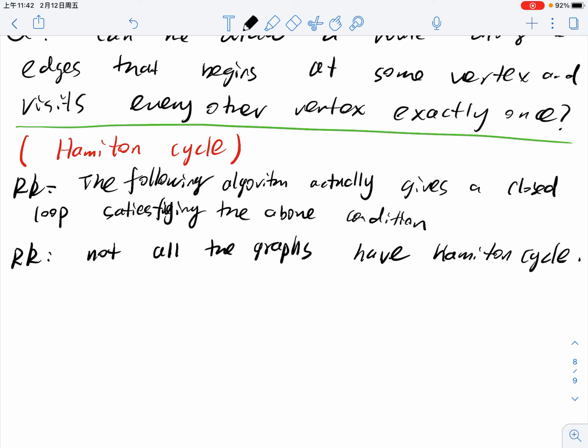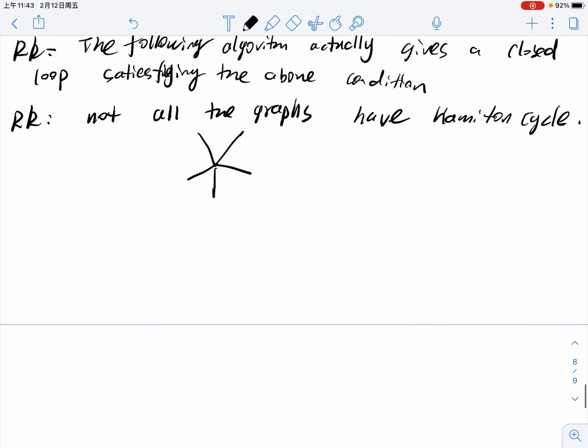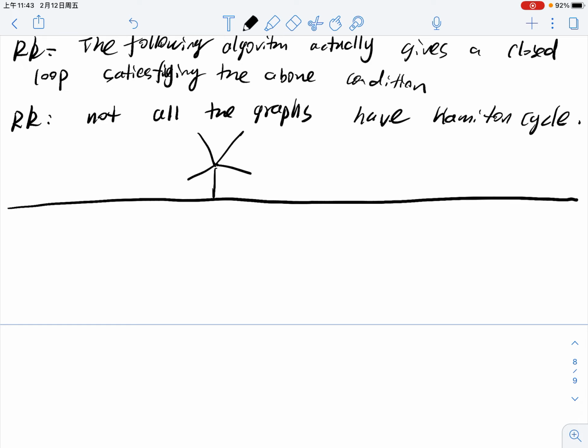For example, if you have the star shape, you don't have a Hamilton cycle at all. So this would be a very nice example of a graph with a Hamilton cycle.